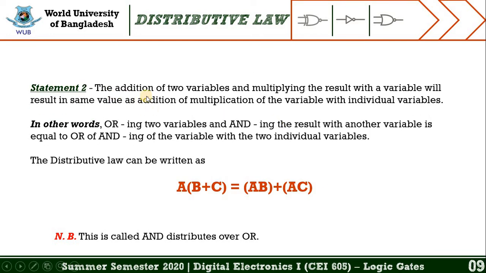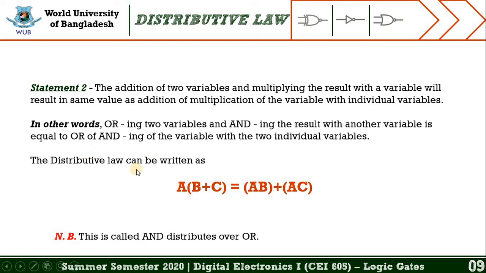which states that the addition of two variables and multiplying the result with a variable will result in the same value as addition of multiplication of the variable with individual variables. In other words, ORing two variables and ANDing the result with another variable is equal to OR of AND-ing of the variable with the two individual variables.